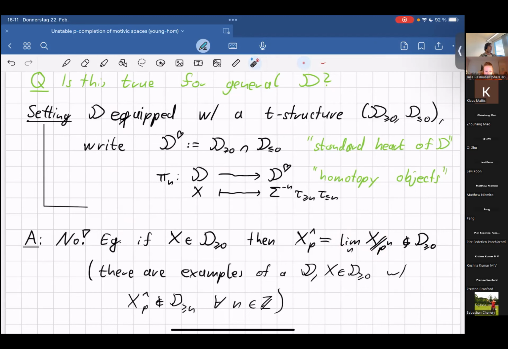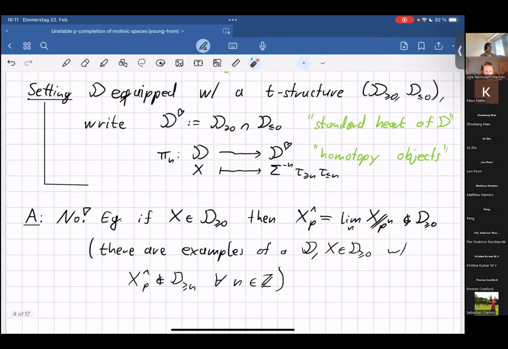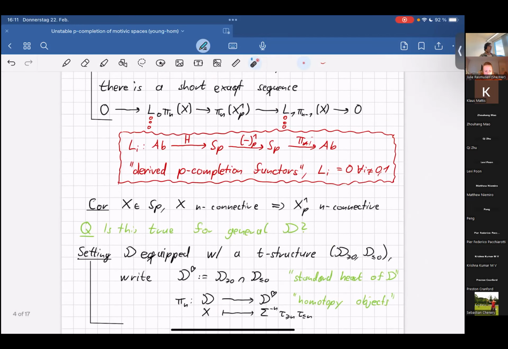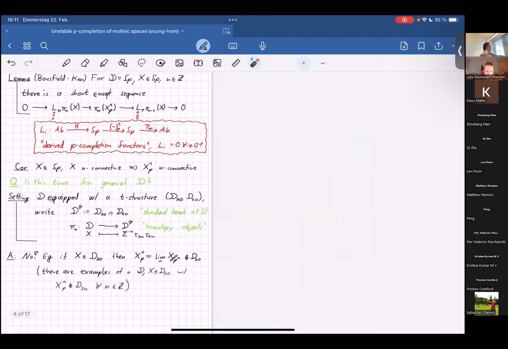And in general, this is very false. So you can find an example of a category D and an object X, which is connective, but where the p-completion is not n-connective for any n. So a priori, it seems like there's no solution to find such a sequence, but there's a workaround.